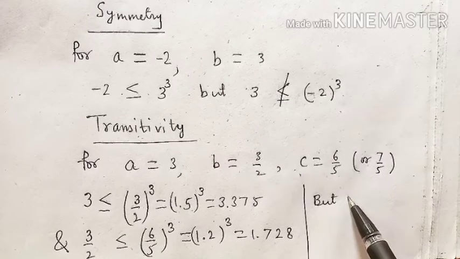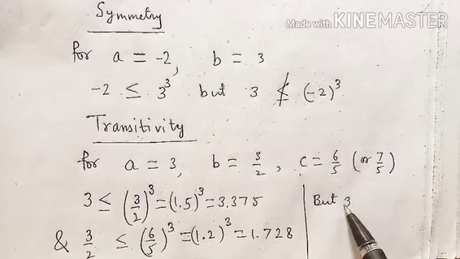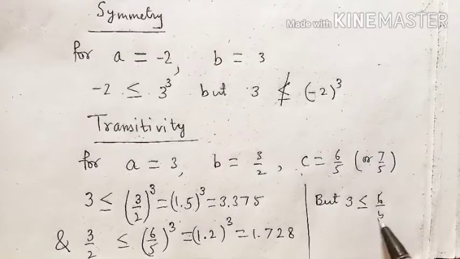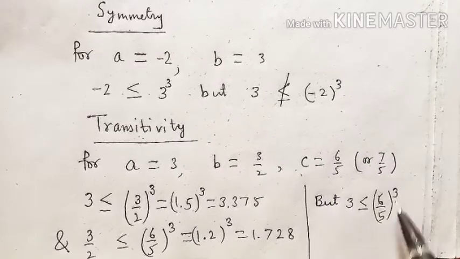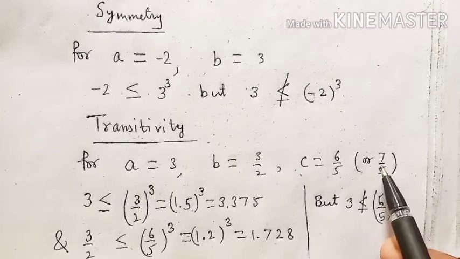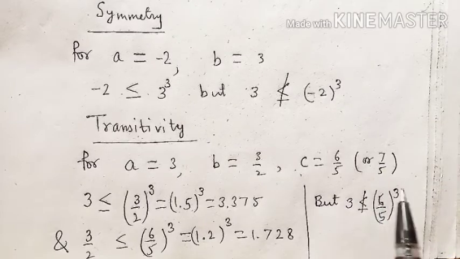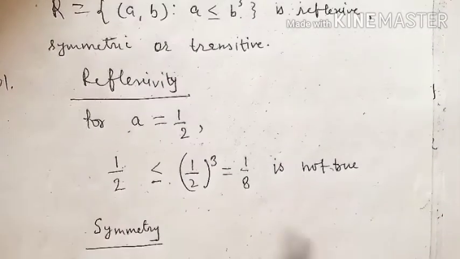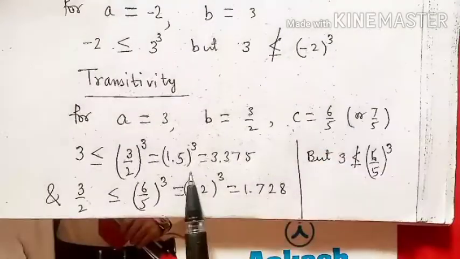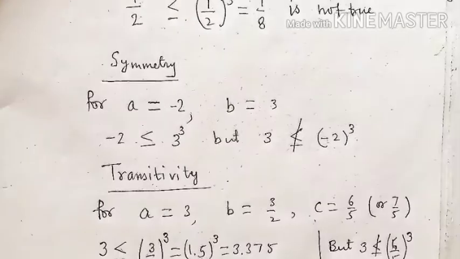But you can see that 3 is not less than or equal to (6/5) whole cube, as you know that this is 1.728. You may also take 7/5 in place of c and you get the same result. So you see, R is not reflexive, R is not symmetric, R is not transitive.